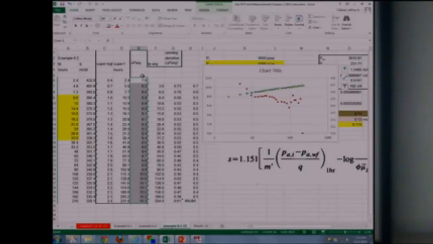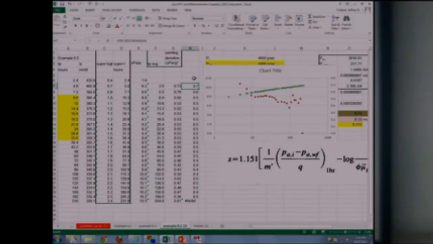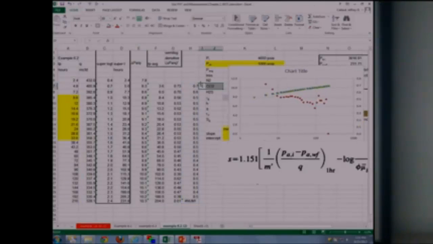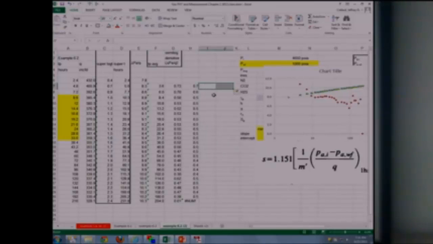So I'm going to do a couple more. Let's see, what is this? Let's add 2 right here. Let's get an average.